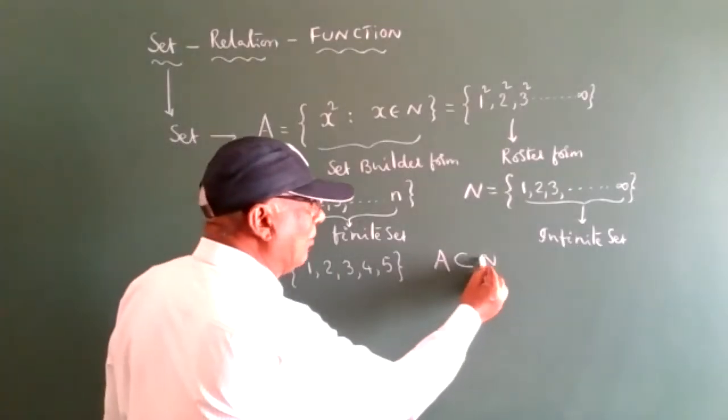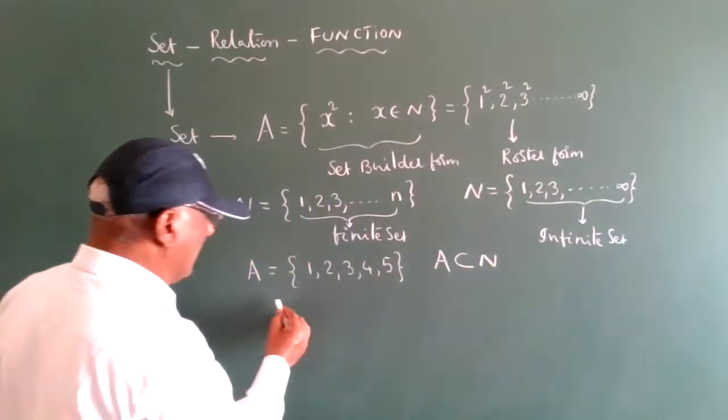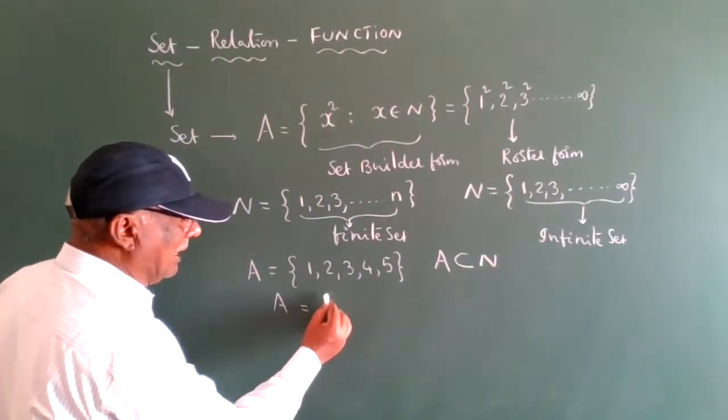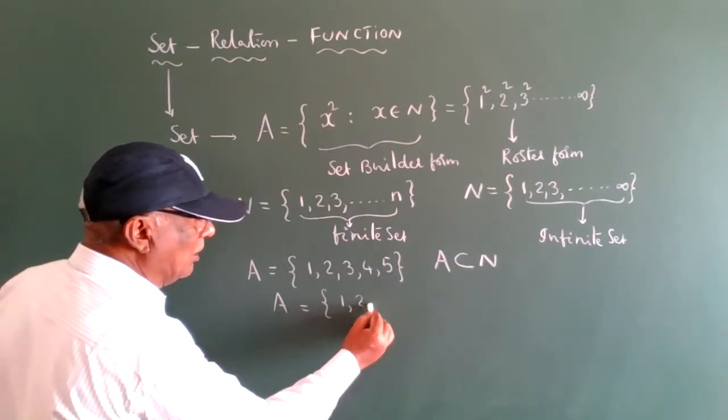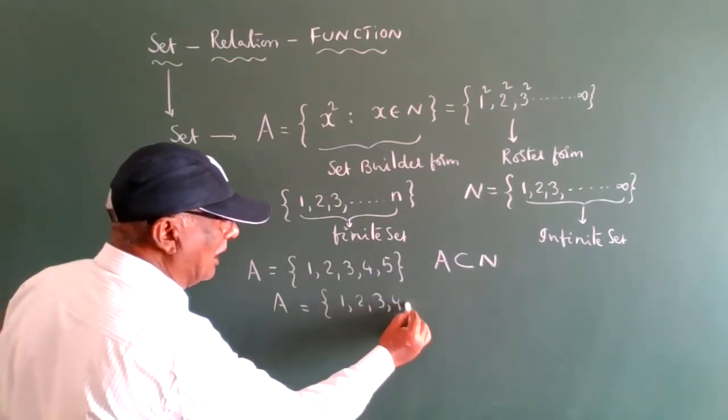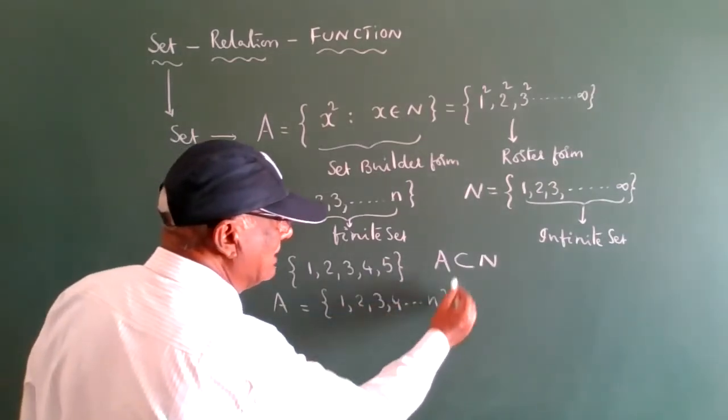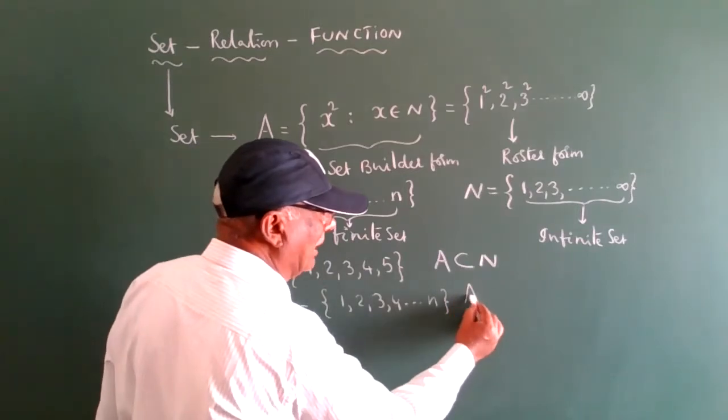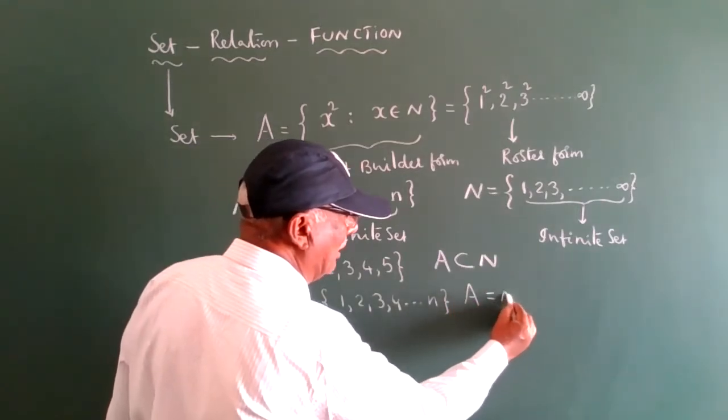Okay? Equal: A is equal to the set with equal number of elements, 1, 2, 3, 4, up to n. This is equal, so we can write it as equal to n.